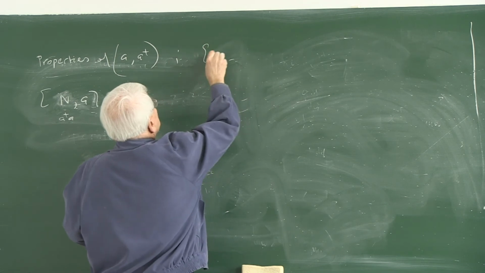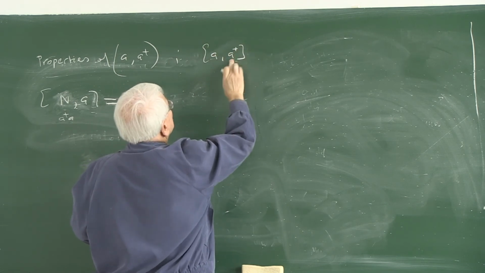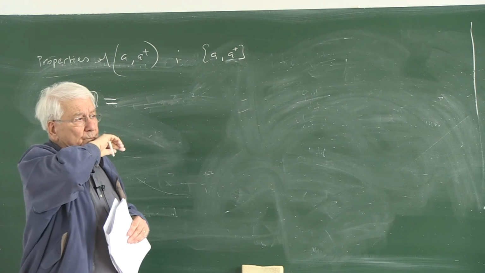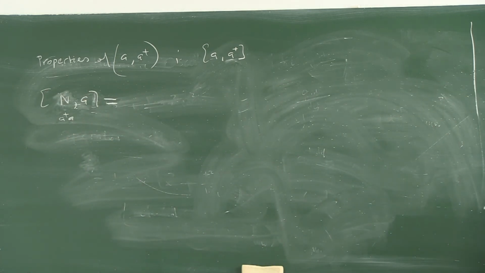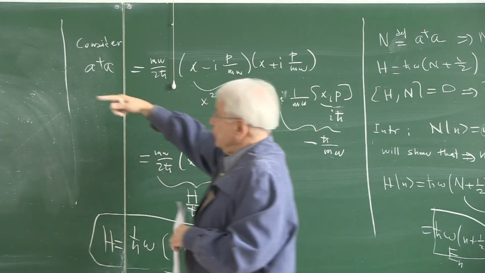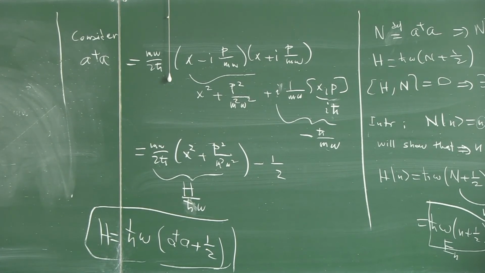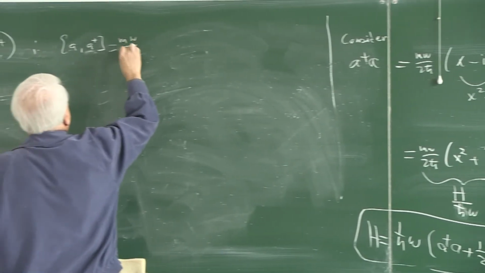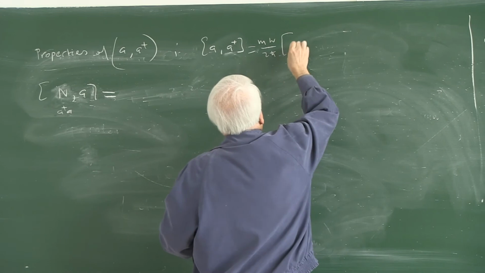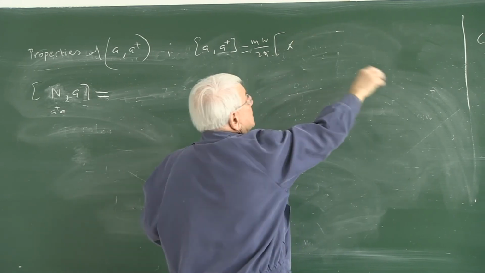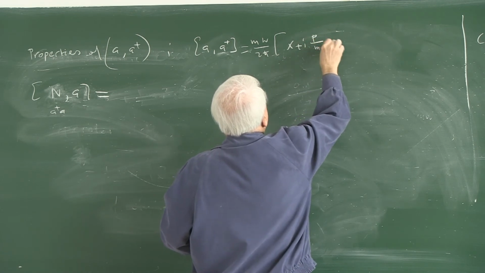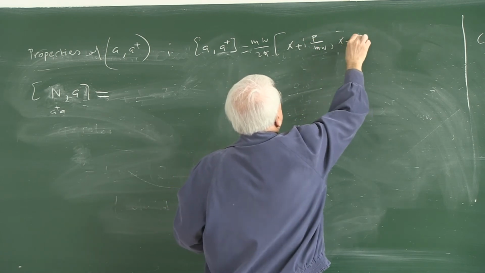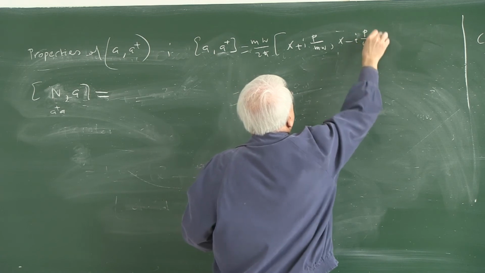The first one is A and A dagger. What is that commutator? Well, if you remember the definition of the A dagger and A with those factors, let me put the factors in the front: m omega over 2 h bar times (x plus i p over m omega)(x minus i p over m omega).